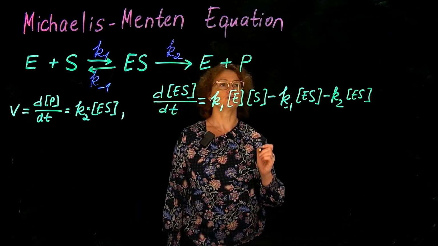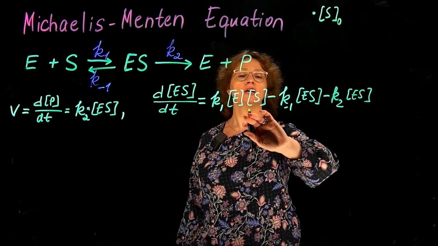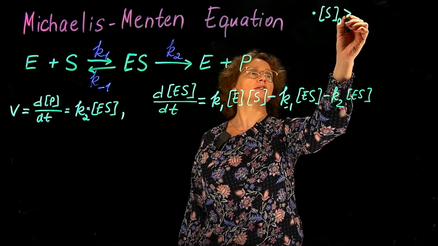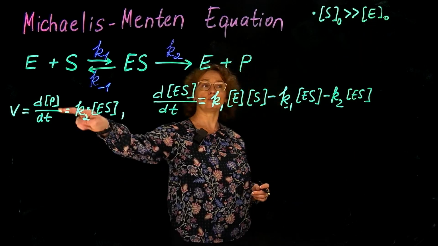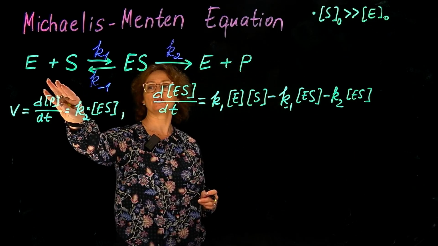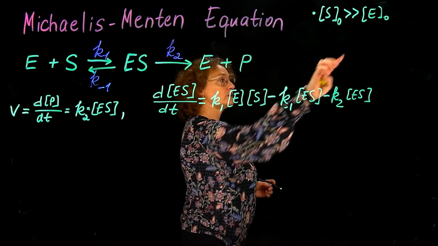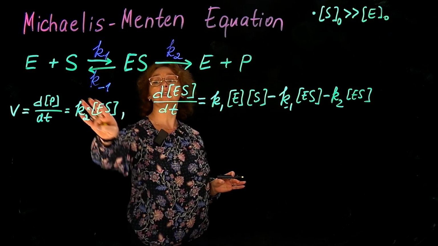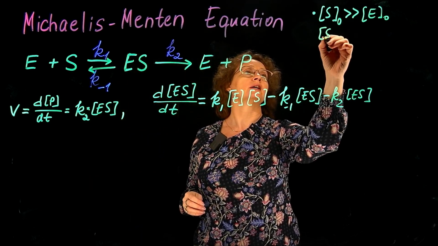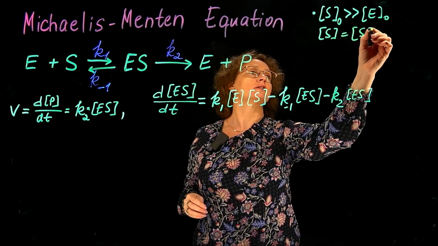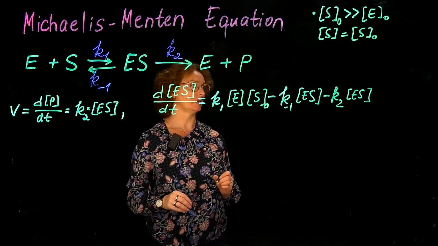So if we assume that initial substrate concentration is much greater than the enzyme concentration, it will be the same as our assumption for the pseudo first order reaction. We can assume that over the course of this transformation, most of the substrate remained intact, not bound to the enzyme. So that allows us to say that substrate concentration is equal to the initial one. So we can just put that note right here.